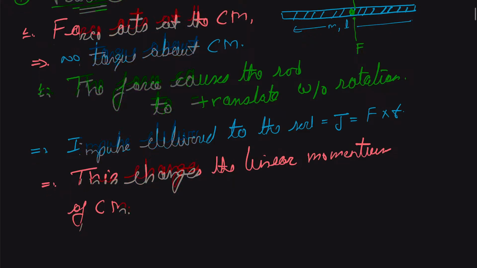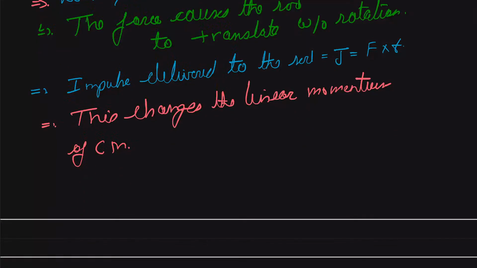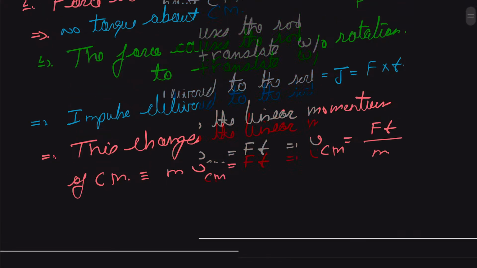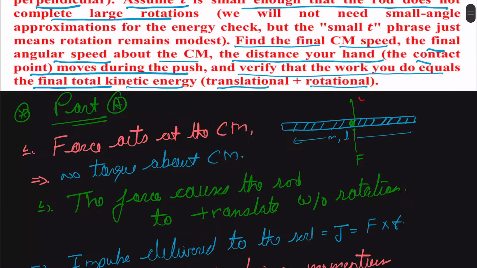In terms of equation, we can write mass times the velocity of our center of mass equals the impulse, that is F times t. Therefore, the velocity of our center of mass will be equal to Ft divided by m. This is the velocity of our center of mass.